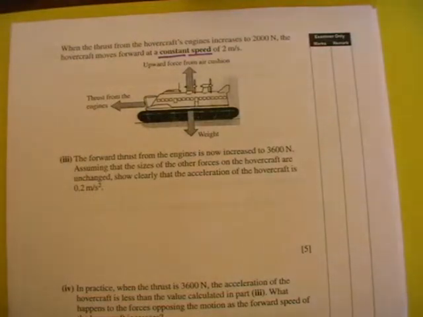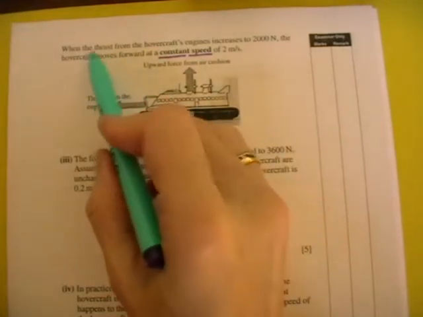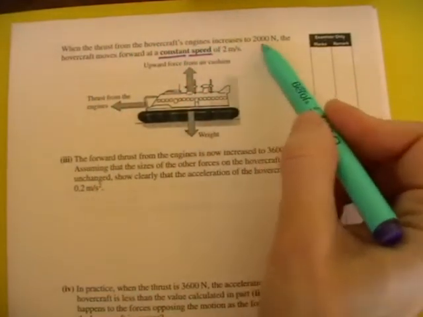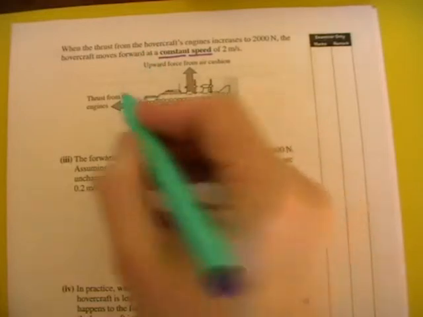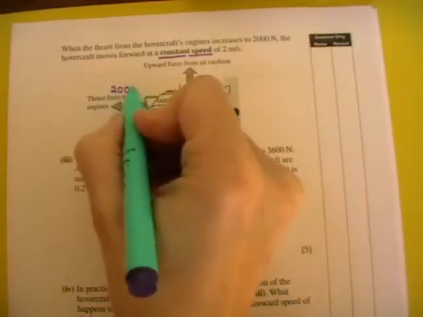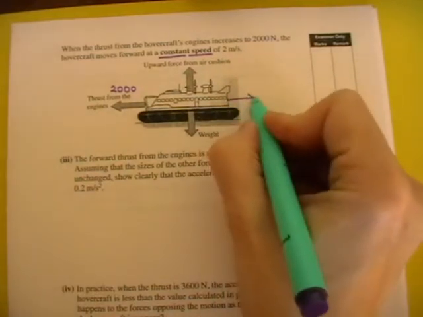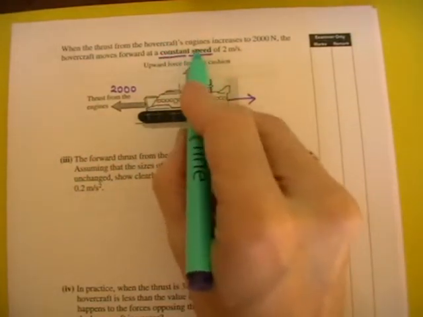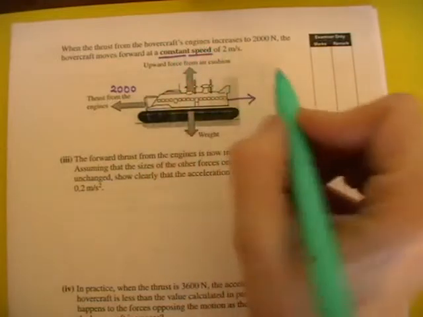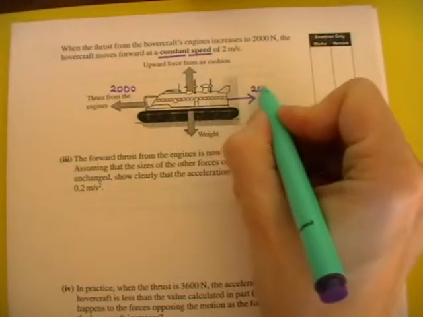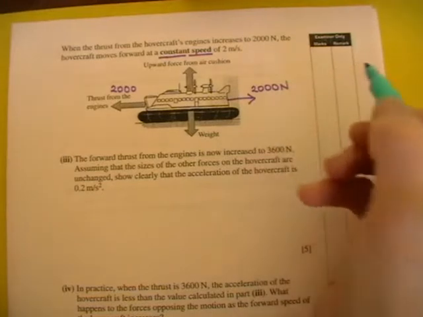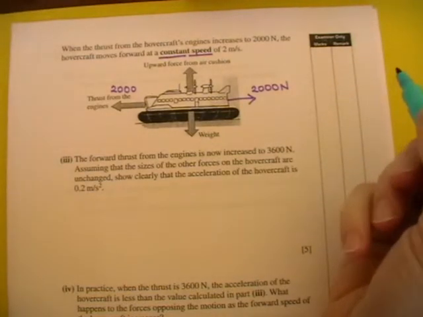The first bit of information you're being told is that the thrust increases to 2,000, then the hovercraft moves forward at a constant speed. So that means there must be balanced forces acting on it in that direction. And constant speed means that there's 2,000 newtons of resistance or friction acting backwards.